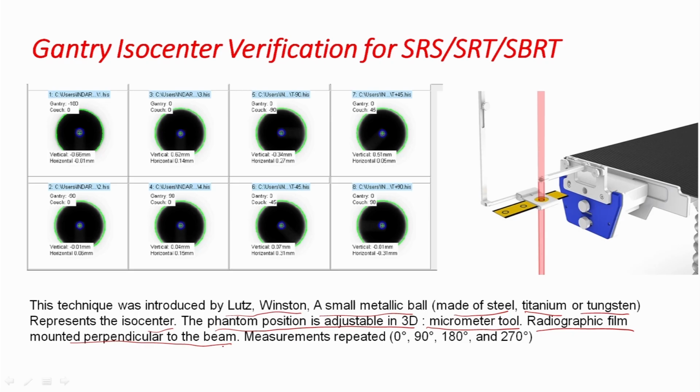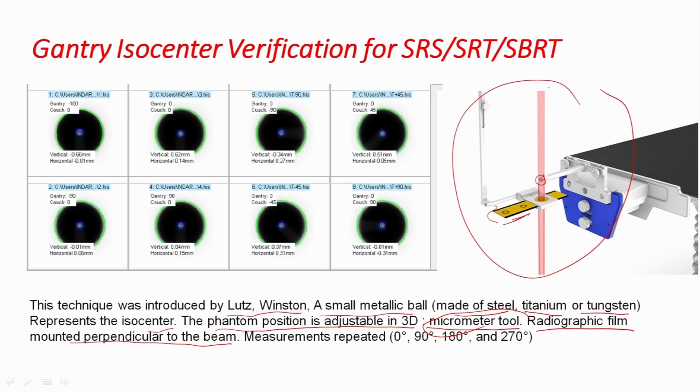This test has to be performed at 4 cardinal gantry angles. So this is your Winston-Lutz test tool, and it has a micrometer tool, meaning it can change the position with sub-millimeter values. And here you can see that this is a ball.